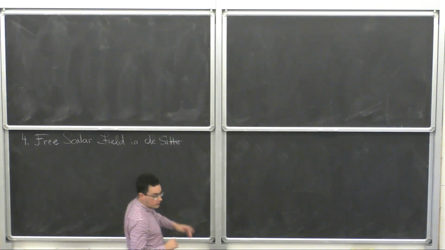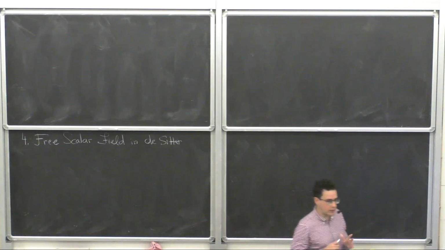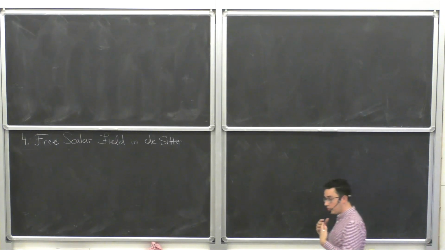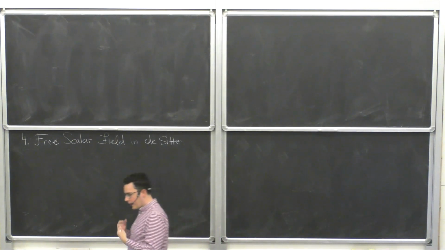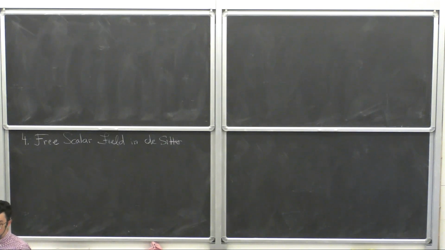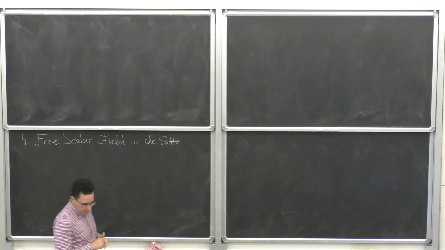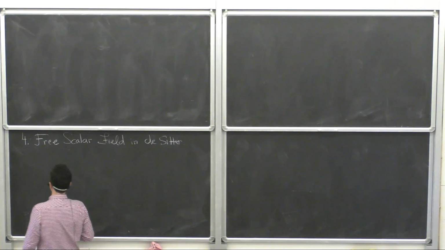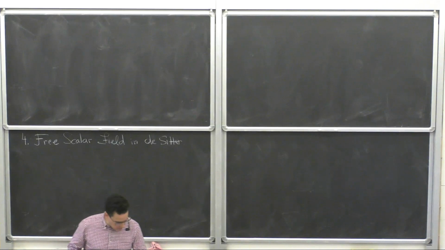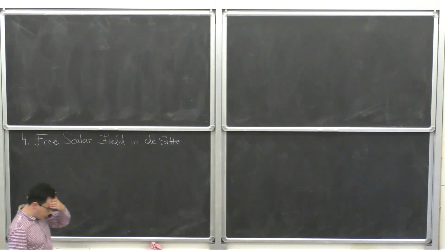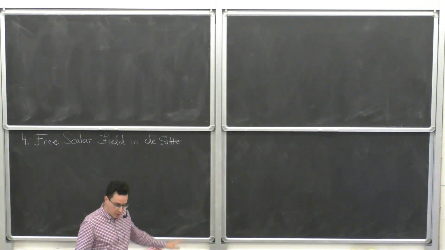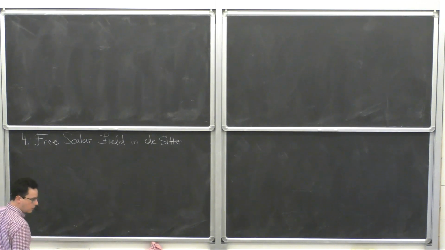In de Sitter space, because there's a scale, there is a sense in which particles are light or heavy, because you're supposed to compare their mass with the intrinsic energy scale of de Sitter space, the Hubble scale. So we're going to see that even for scalar fields, the representation theory is peculiar. It's different. And instead of me embarking you on some crazy discussion a la Wigner, I'm just going to quantize the free scalar field and we'll see.